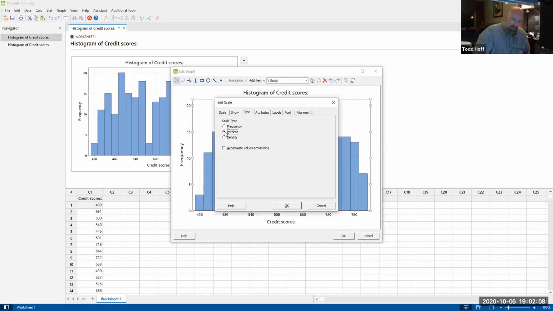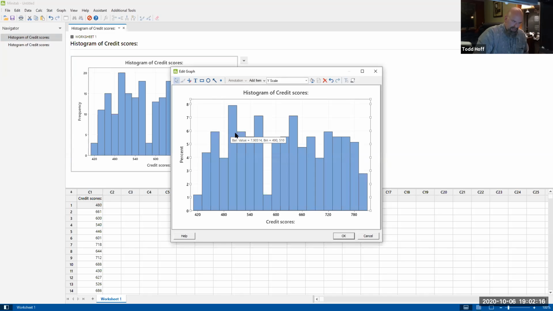Minitab does not show the relative as a 0.25 or whatever. It shows it as a percent. So I do that. Now this same bar here, let's go to this one, it's still the 490 to 510. It's 7.9% rather than 20 items like it was before.